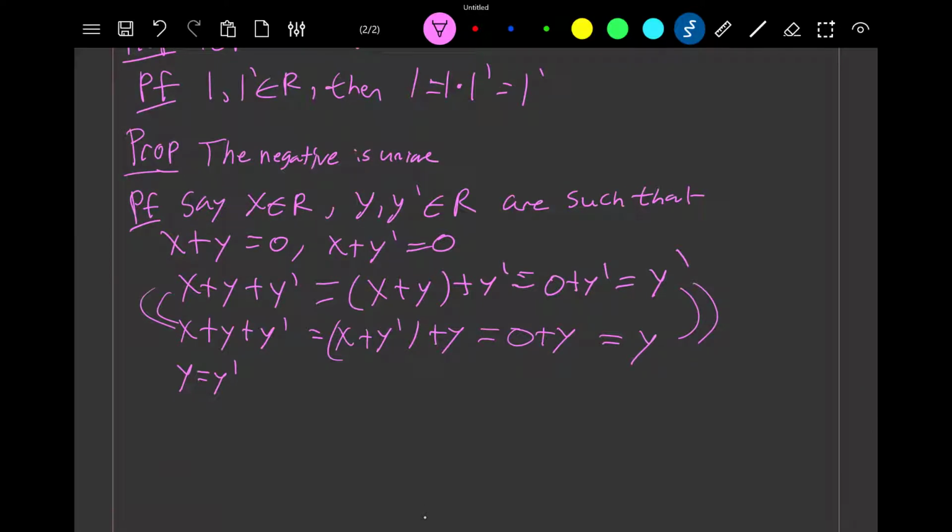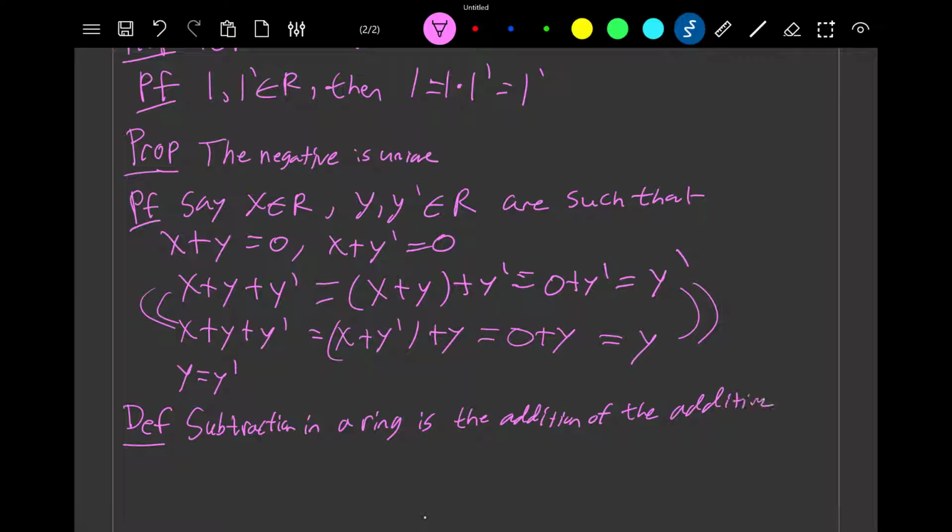And from this, we can define subtraction in a ring as the addition of the additive inverse. And we will denote this just by the minus sign.